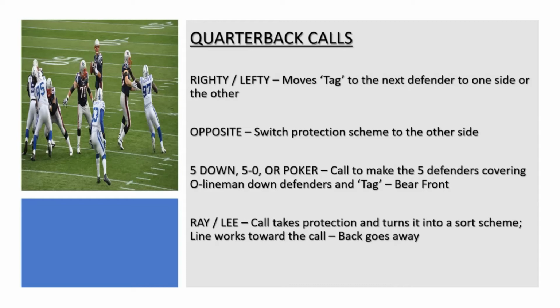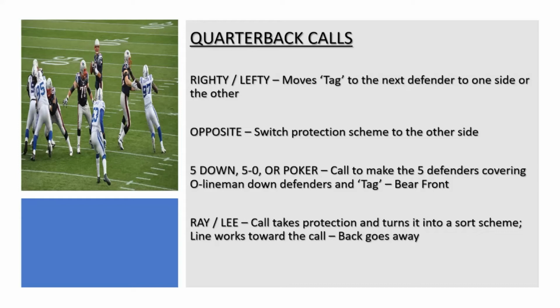So all I'm going to say is 5 down, and that was our language to say that. And then we had the ability to turn it into a sort protection. The quarterback call for us, Ray or Lee, was an eraser. So if we had a Mike scheme on, it turned into a sort based on the quarterback giving a Ray or Lee call. That turned the back into an automatic search.